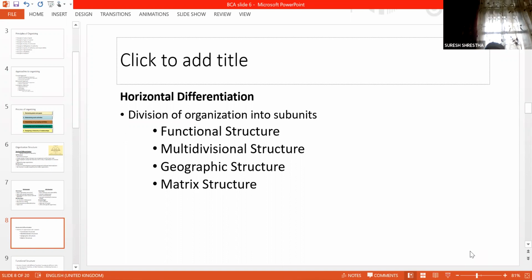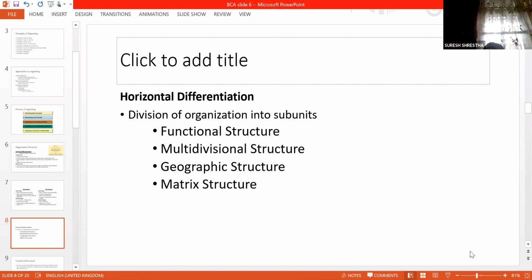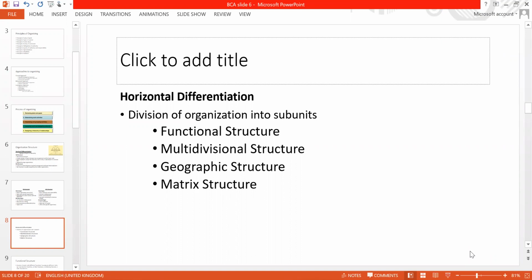It's only me who is talking here in the class, huh? Gaurav. Gaurav. Yes, sir. You now know the difference between horizontal differentiation and vertical differentiation. Huh? So, the bond, sir. Huh?